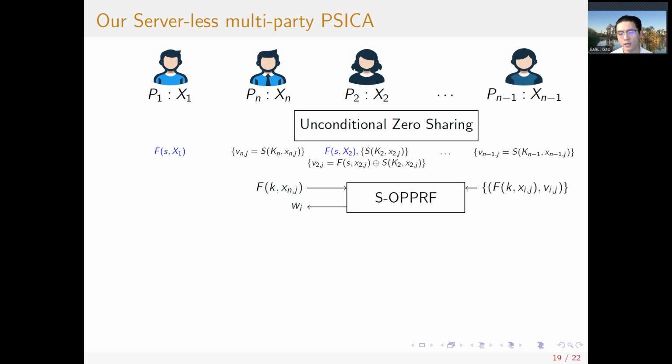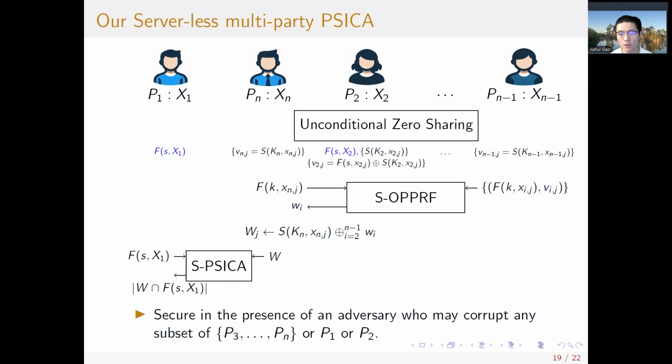Ideally, if the query belongs to one of the parties' input sets, Wi will be the corresponding share. Then Pn computes the XOR of all the shares. Ideally, if everybody has an element X, then the corresponding value Wi will be F_S(X). Finally, P1 and Pn can invoke the PSICA protocol with the helping server P2.